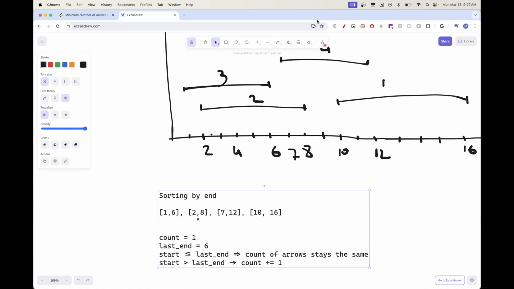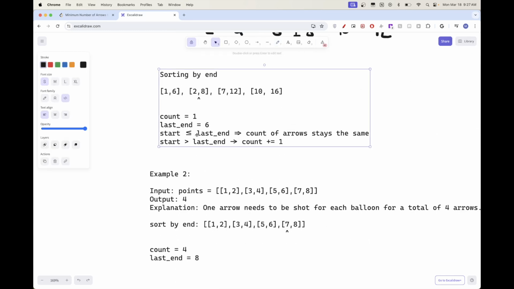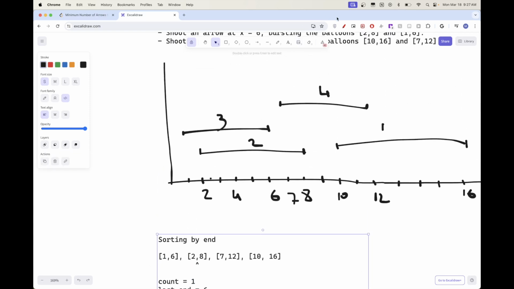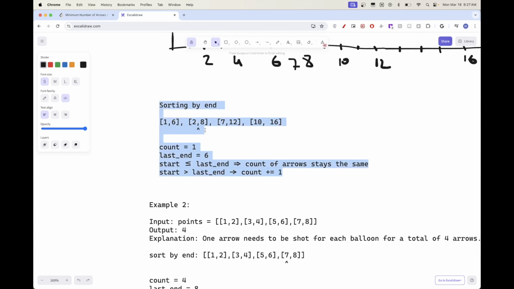So that means this can be covered by the same arrow, because this position is smaller than the end, so one arrow can cover both, either here or here. Okay, and so we can just keep the same count. We don't need a new one, but the last end is still the same, because we will need the arrow to be here so that it covers the first one. So let's keep the last end as is.